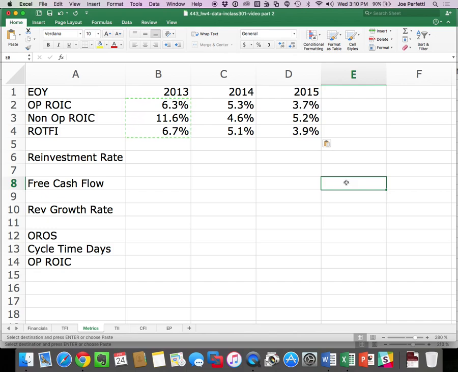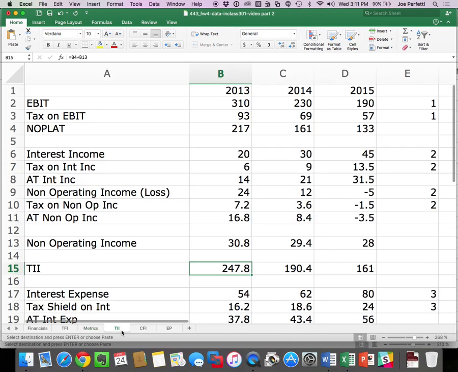By the way, definitionally, in Bloomberg, if you look up return on invested capital, not what we put in, but the standard definition, Bloomberg, they don't call it this, is the ROTFI. Because if you look at net operating profit after tax in Bloomberg, again, not the NOPAT that we put in as a custom field, but the default field, the way Bloomberg calculates it is TII.